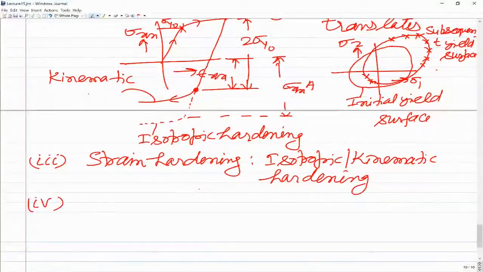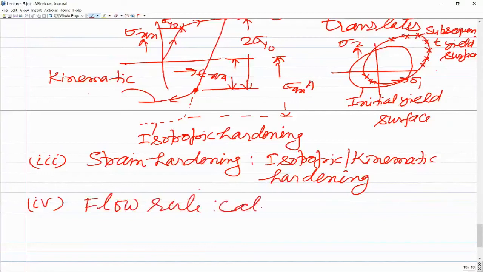So that is an additional unknown, and we need a law to calculate the plastic strain. That law is referred to as the flow rule. Why flow? Because plastic deformation is like flow of the material. This is required to calculate the plastic strain increment.